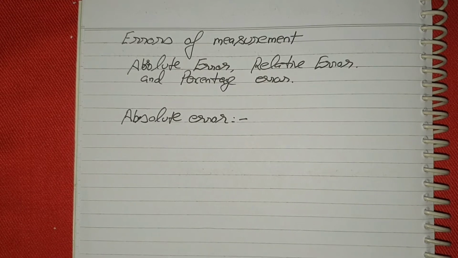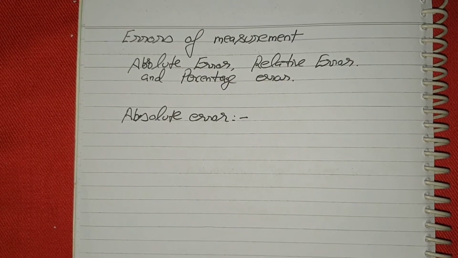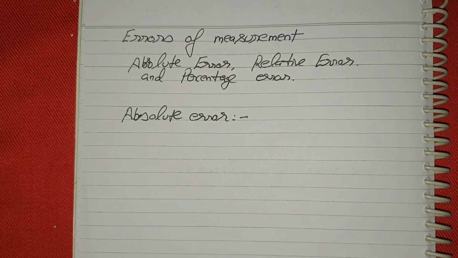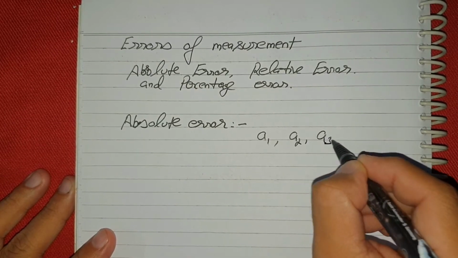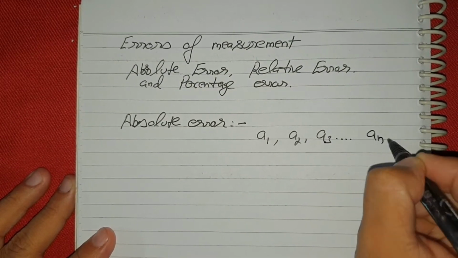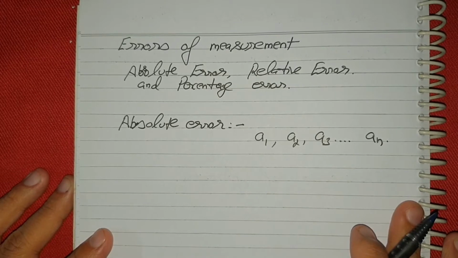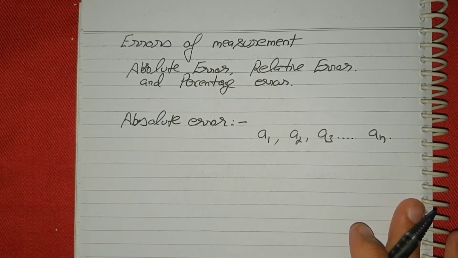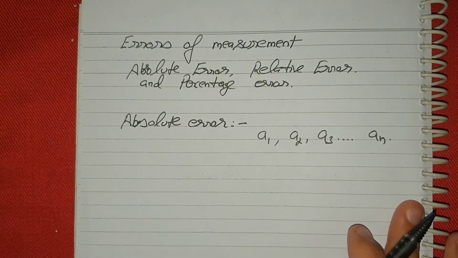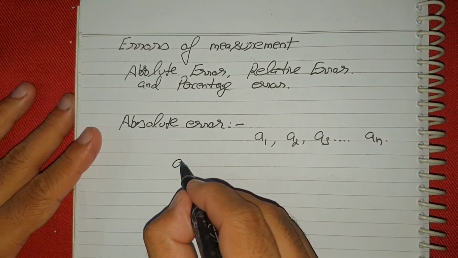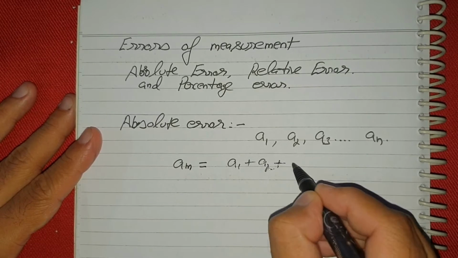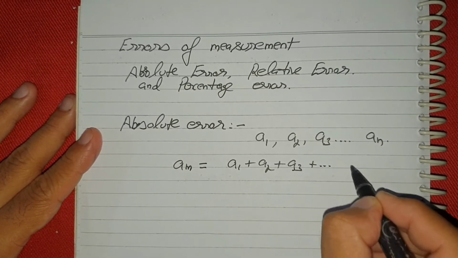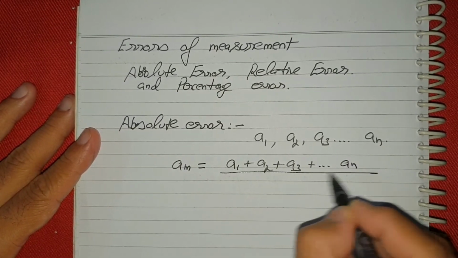Now, suppose we are measuring a physical quantity and we have measured n times. Let the measured values be A1, A2, A3 and so on up to An. These are the measured values. Now we have to find the arithmetic mean. The arithmetic mean is given as A1 plus A2 plus A3 and so on up to An, divided by n.